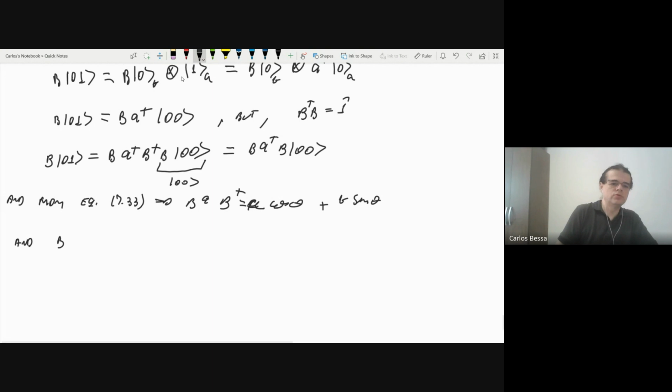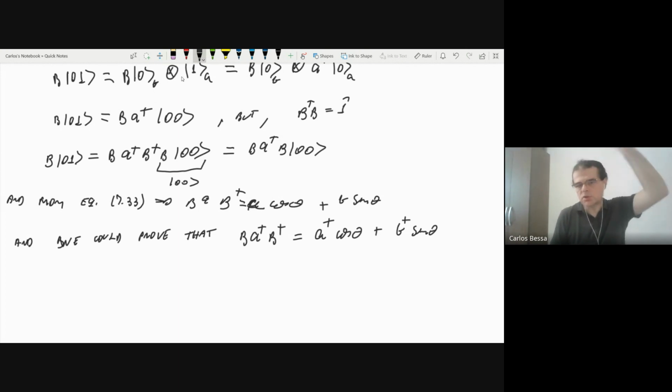And we could prove that B A dagger is just A dagger cosine of theta plus B dagger sine of theta. Again, we just use the Campbell-Hausdorff formula to prove this and do the same thing that we did before. So we could check this in our homework.